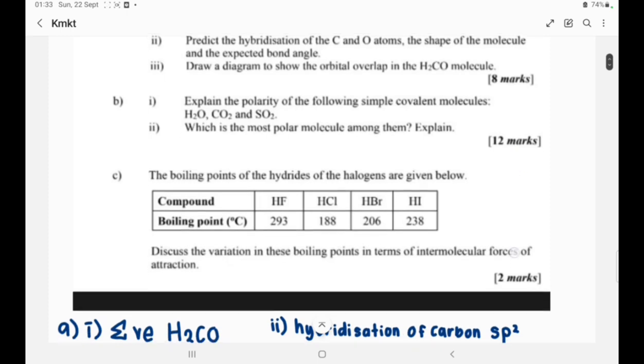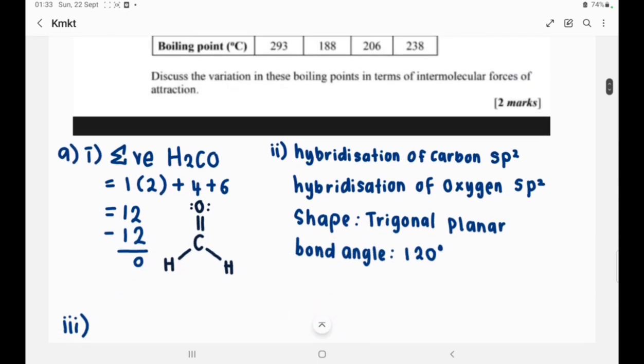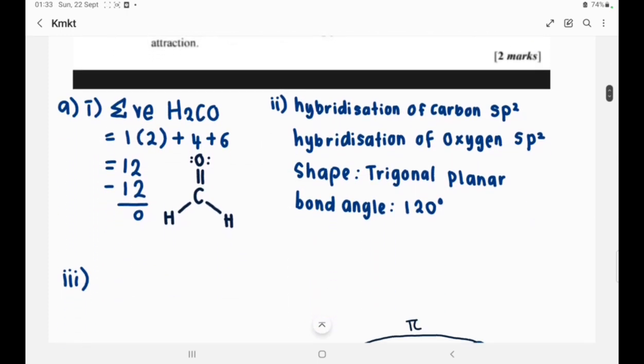So usually we need to calculate the valence electrons for H2CO. The valence electron for H is 1, C is 4, and O is 6, and the total is 12. And then we draw the Lewis structure.